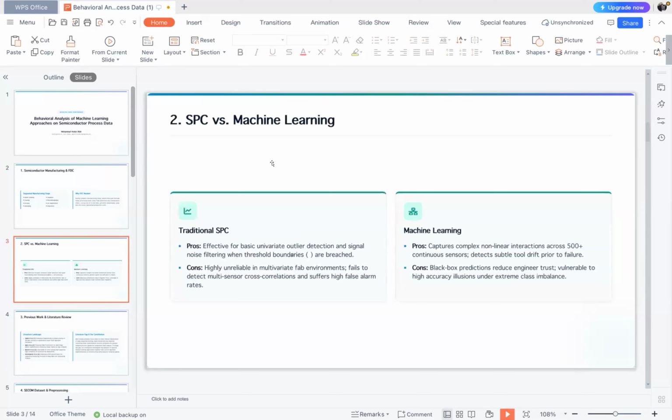Traditionally, FDC is done through SPC, statistical process control, which means collecting previous data, like one month or two months of tool data, and several parameters during wafer processing, such as temperature and pressure, and what the values were. Then a statistical parameter is set after discussing with process engineers, and a threshold value is set.